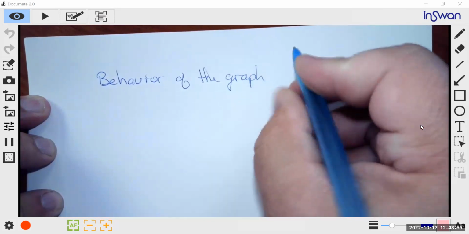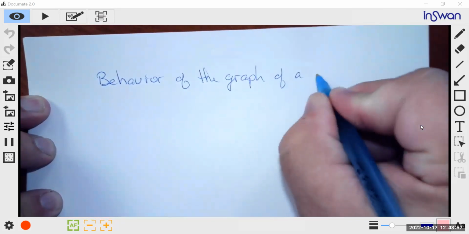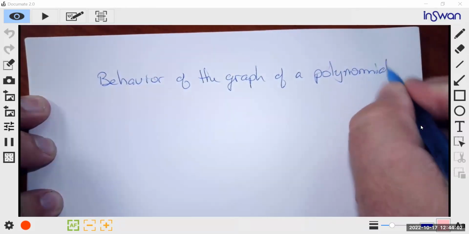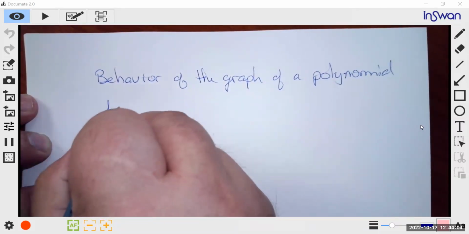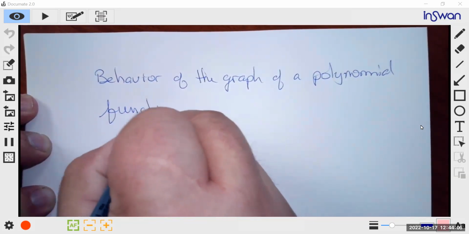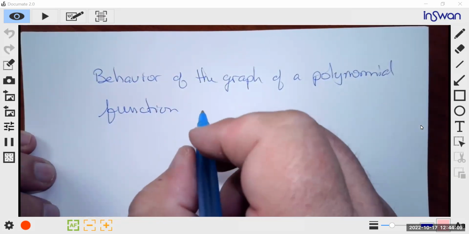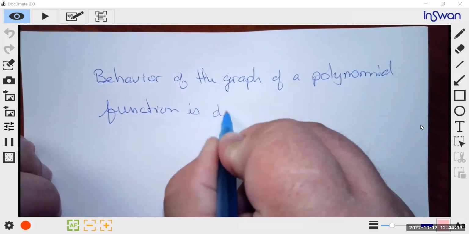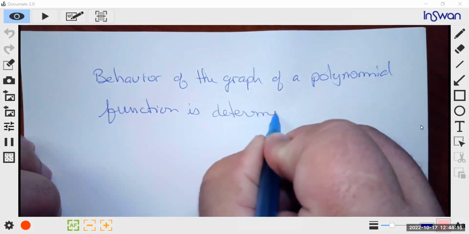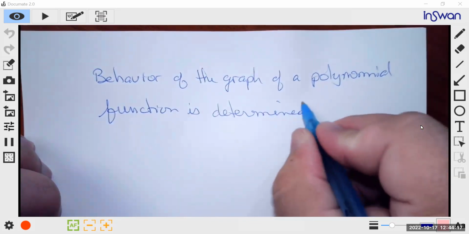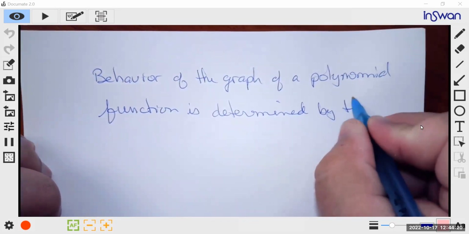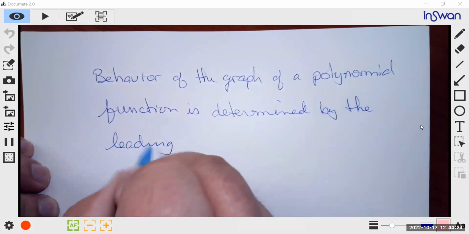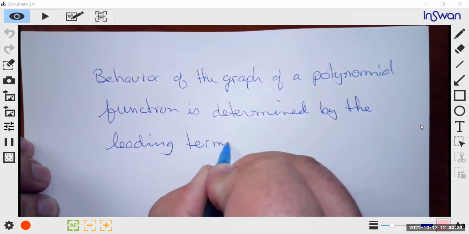The behavior of the graph of a polynomial function is determined by the leading term.